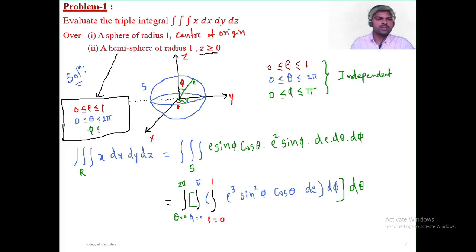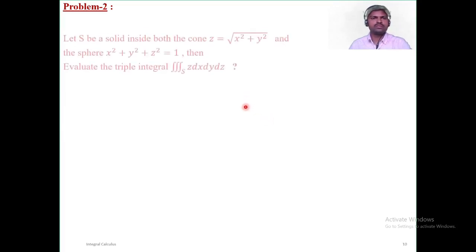Since we want the hemisphere, in particular z more than or equal to 0, the upper part only, pi varies from 0 to pi by 2. Pi by 2 you have to write so that the hemisphere will be generated. So with this set of limits, you can carry out the second integration, same x into dx dy dz. Okay, take it as an exercise.